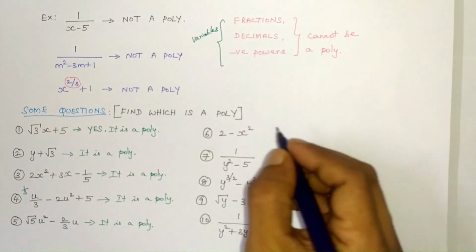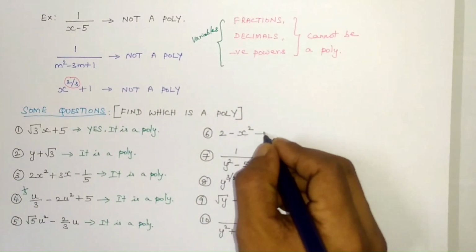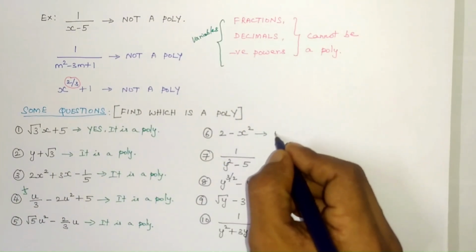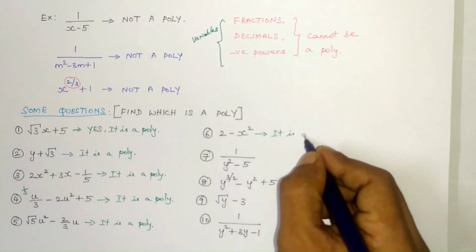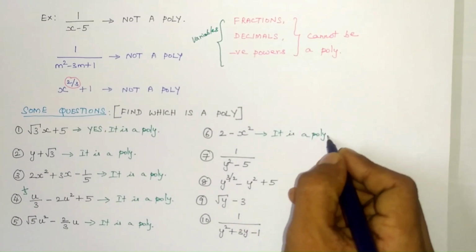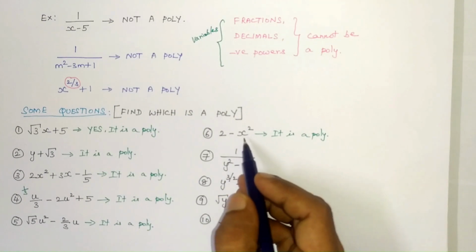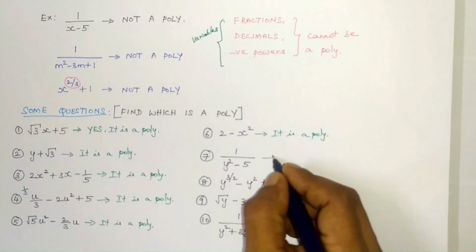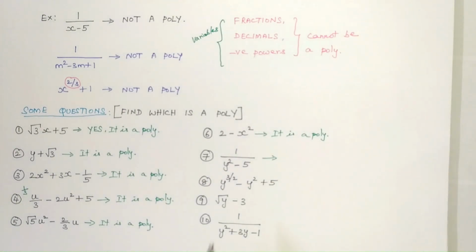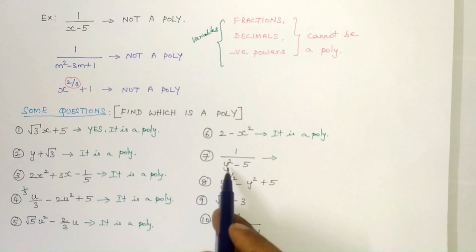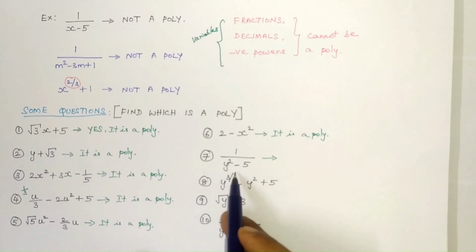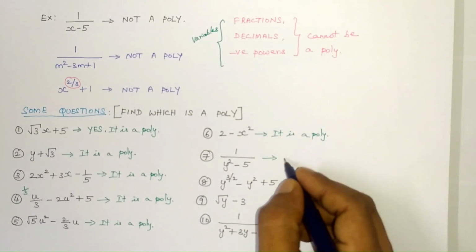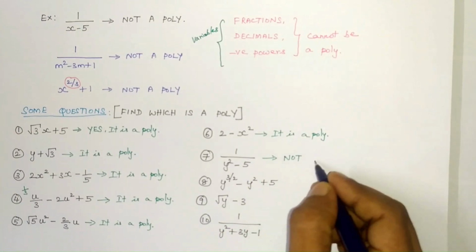Here, this is also a polynomial because the variable does not have any fraction, decimal or negative powers. Now here, even though the variable has a degree of 2, it is in the denominator, so this is not a polynomial.